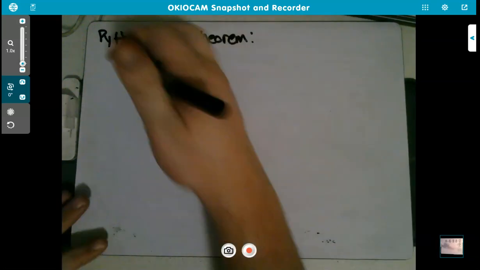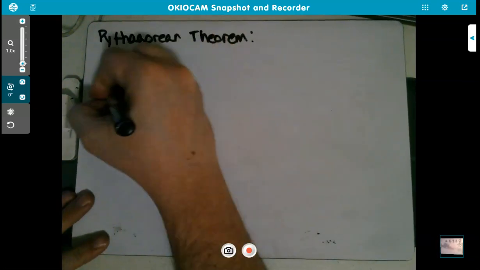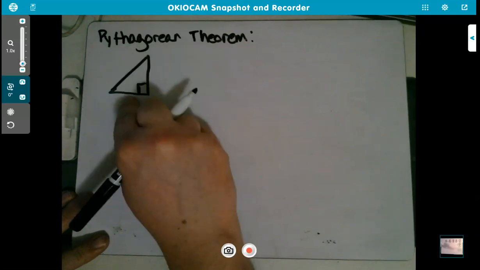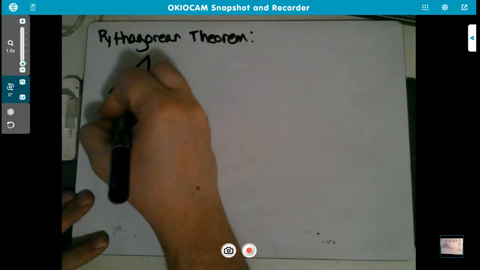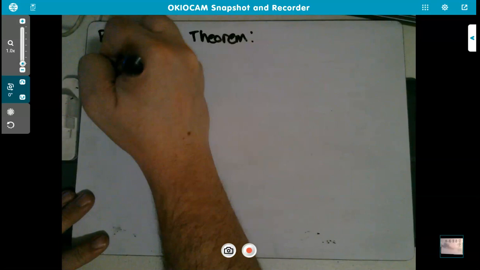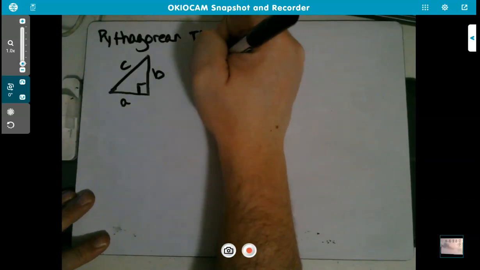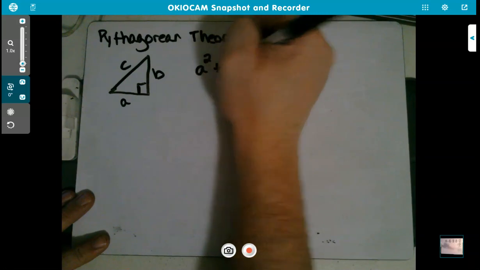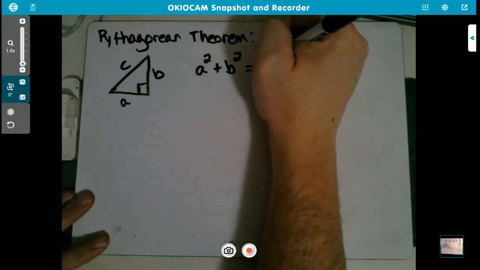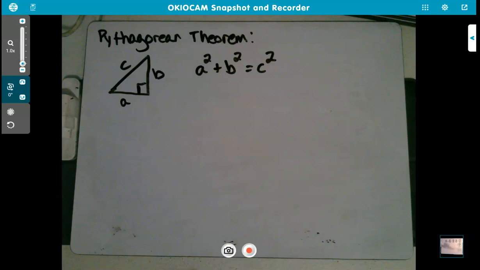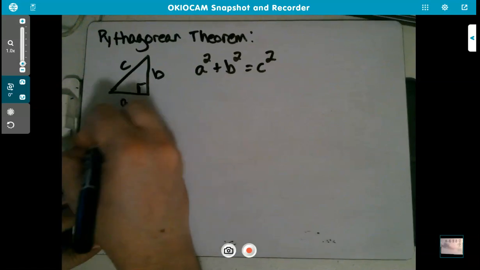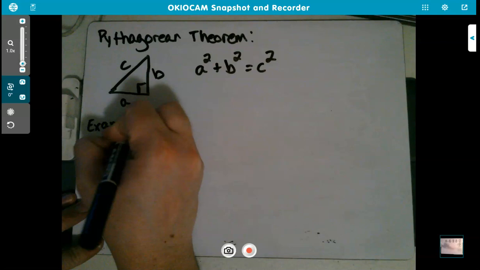And what this says is if you have a right triangle where the legs are side lengths A and B and the hypotenuse is side C, then the side length A squared plus the side length B squared is equal to the side length of C squared. So I just wanted to write it down. I know we know this. I just want to make sure. Okay. So using that, let's look at this example.